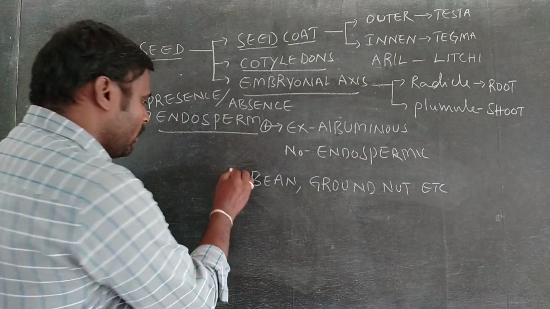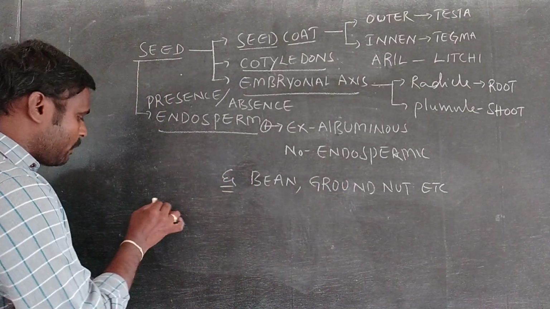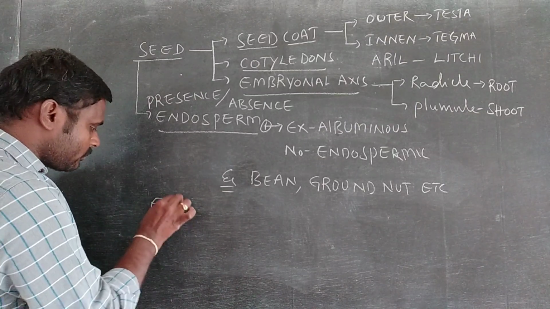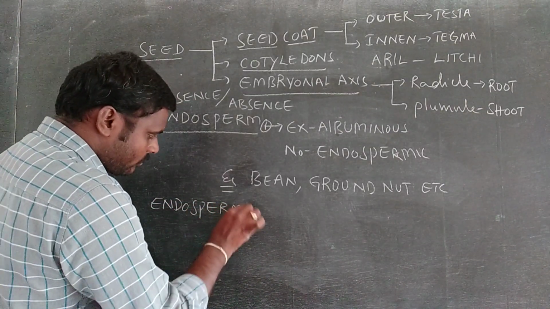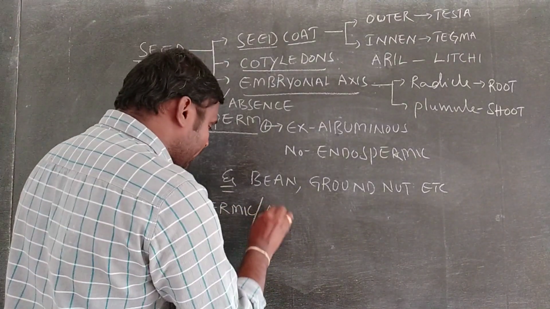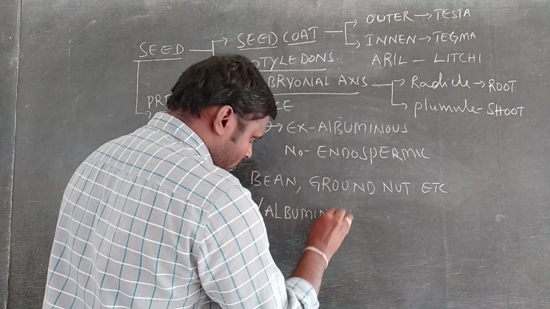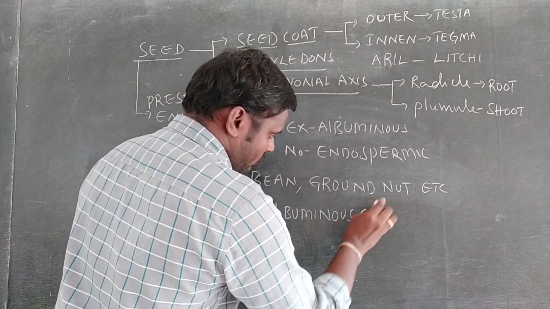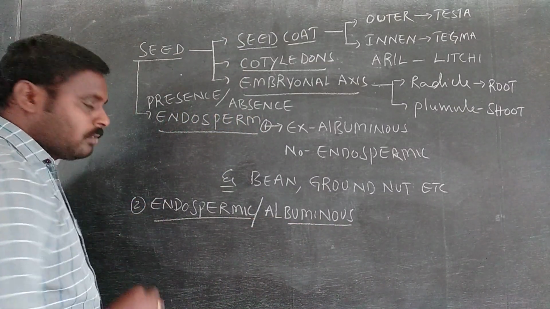Example for that: bean and groundnut. So what about endospermic seeds? Endospermic or albuminous seeds.